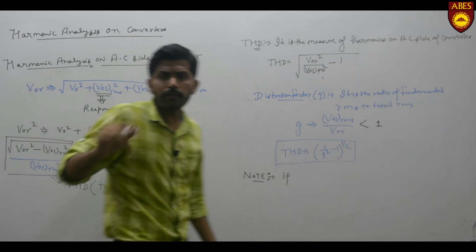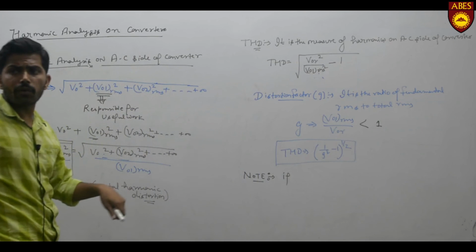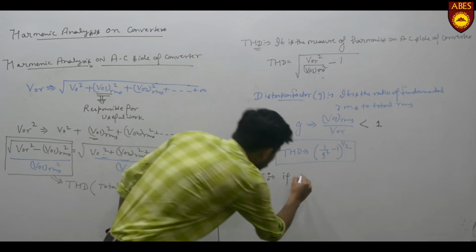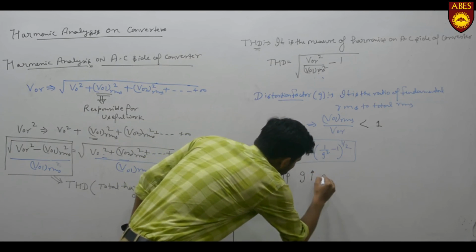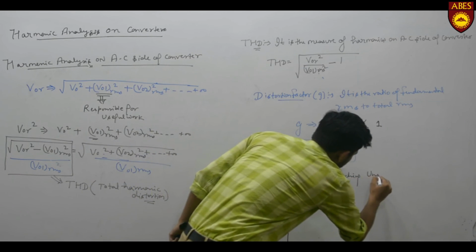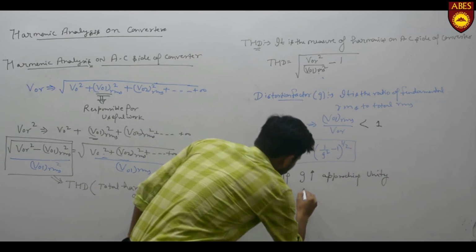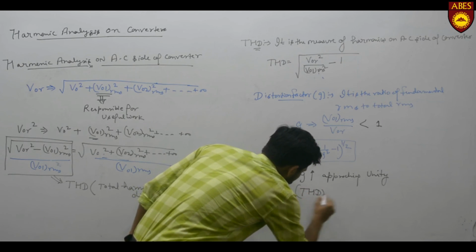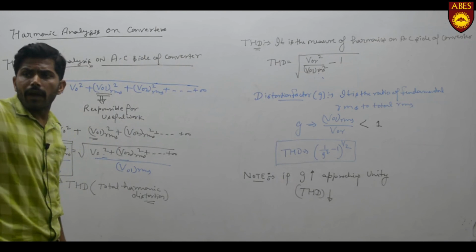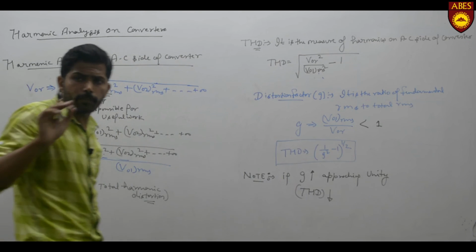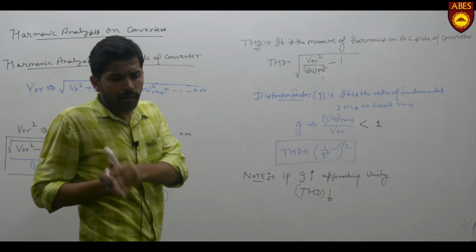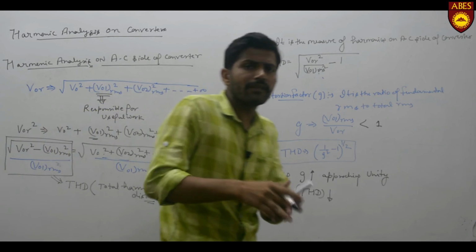That is, if we have only the fundamental component on the AC side, then total harmonic distortion is 0, which means no harmonics in perfect AC. As G approaches unity, THD reduces, and G is 1 only for a pure sinusoidal waveform. In that way, we estimate the harmonics on the DC side or the AC side of the converter.